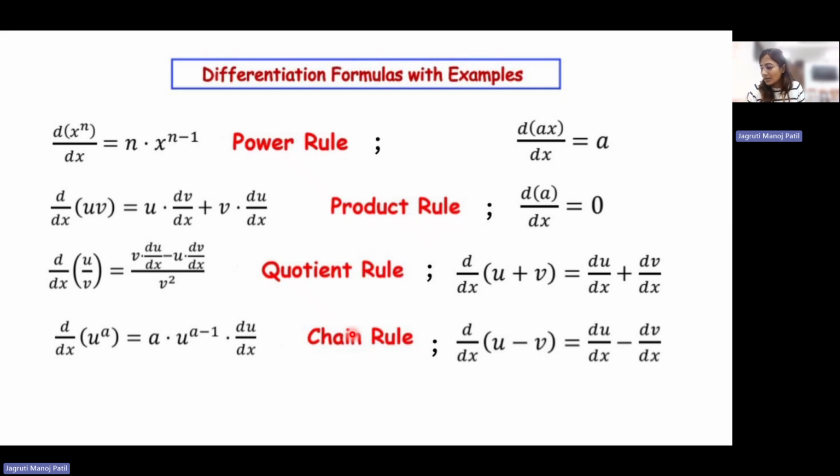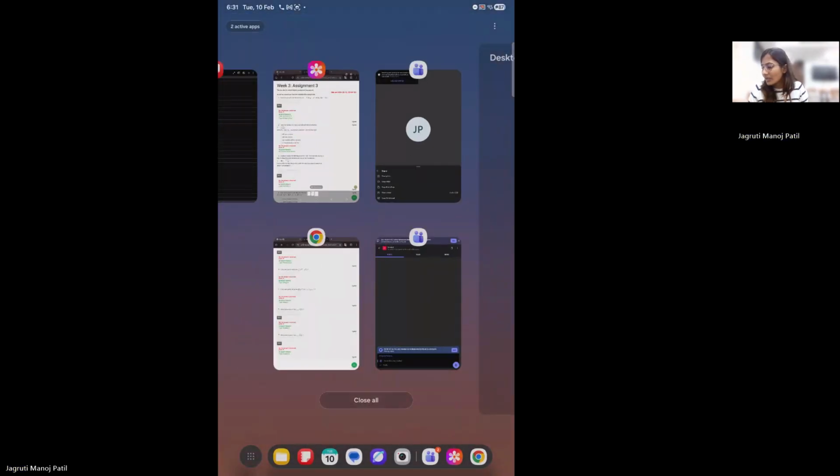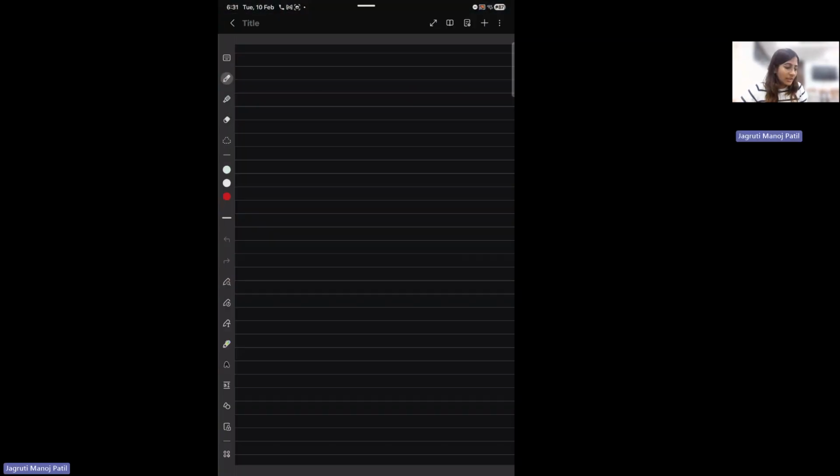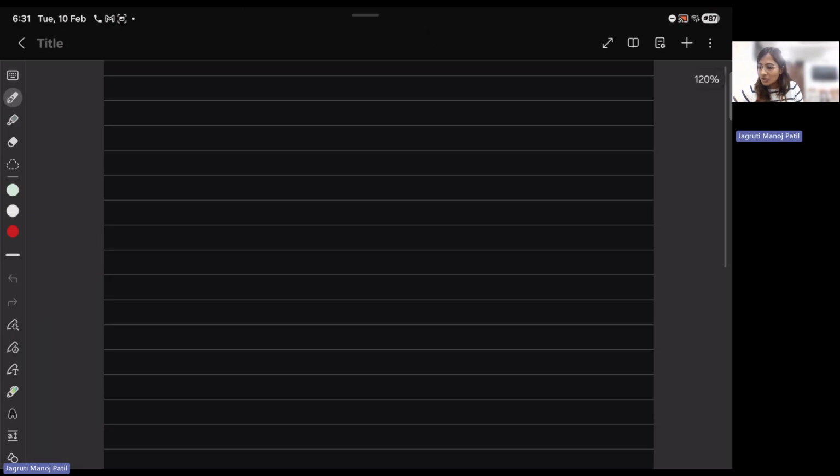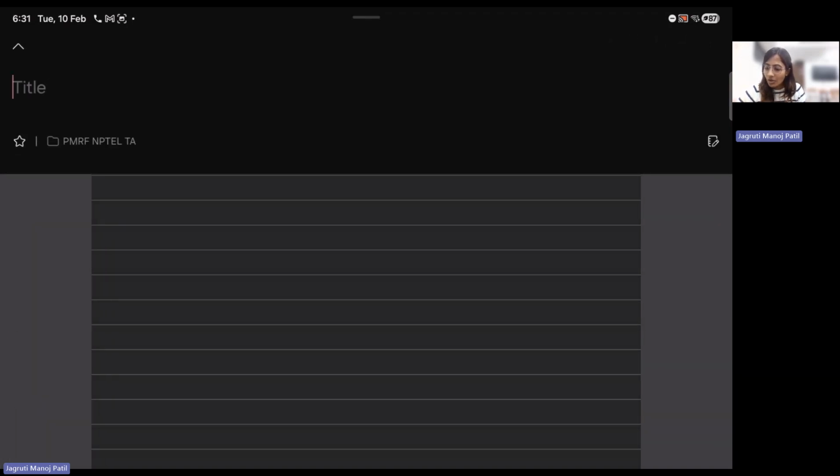So last time when I was solving this assignment, we came upon a few things. Okay, I hope my screen is visible. Let me check if it's visible first. Yes, it is. Okay. So we saw that there was one question on log, and it was not yet clear where this log comes from and how you solve for log.